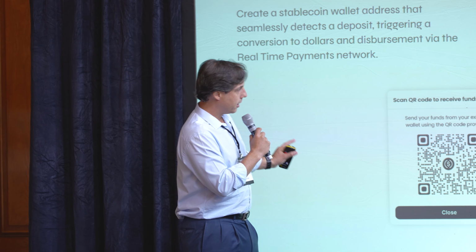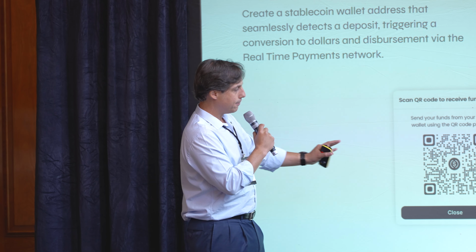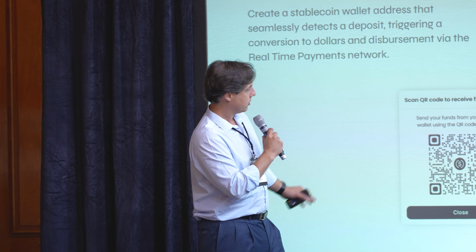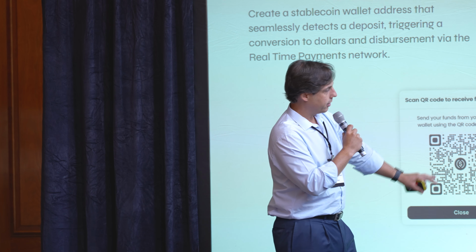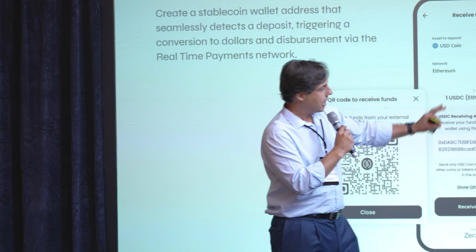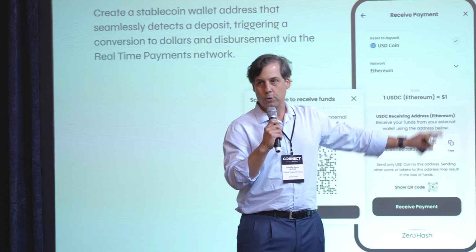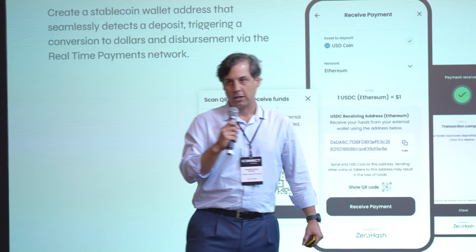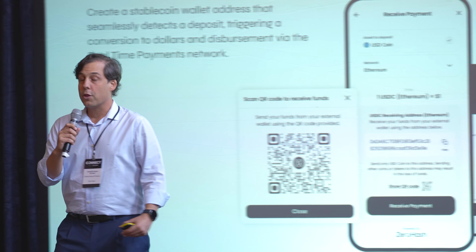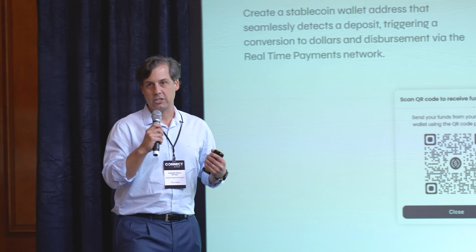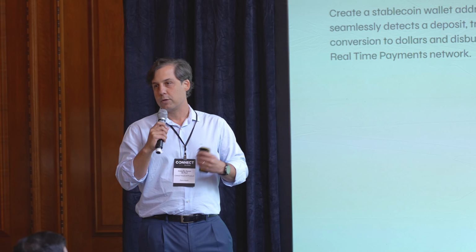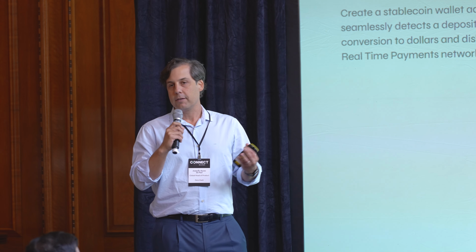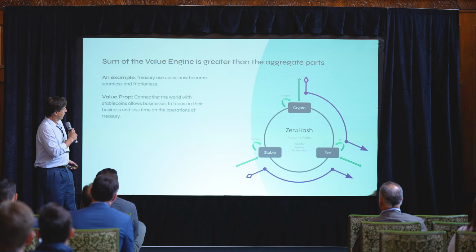This happens thanks to what we built at Zero Hash. You receive the stablecoins, and the moment those stablecoins hit the wallet, we immediately execute an RTP to your bank account. All that happens behind the scenes on the value engine, which means you can now create these future-thinking flows on top of us.